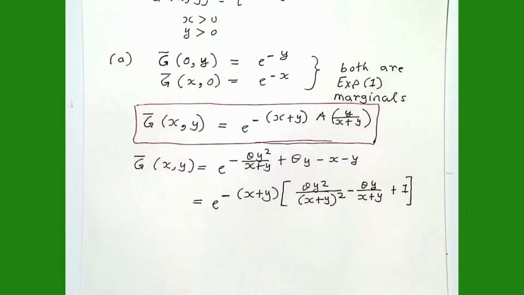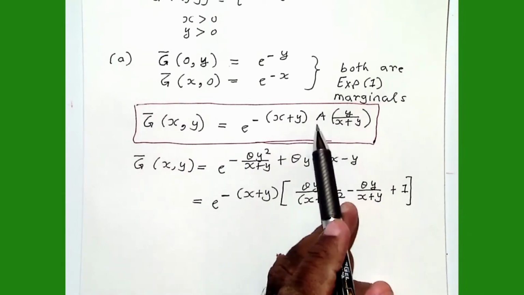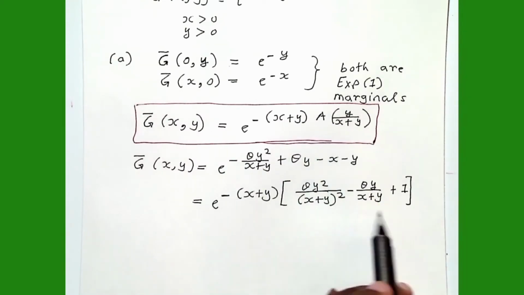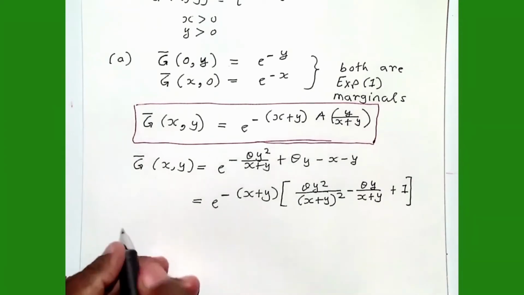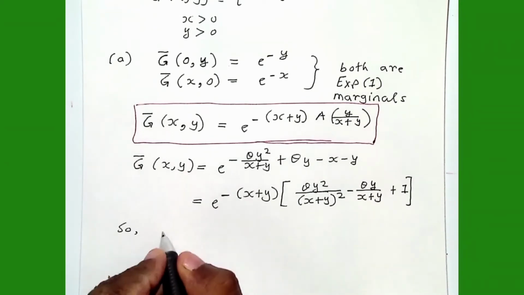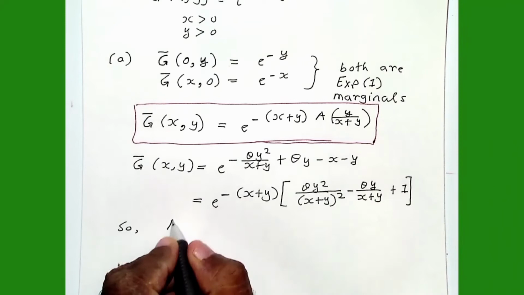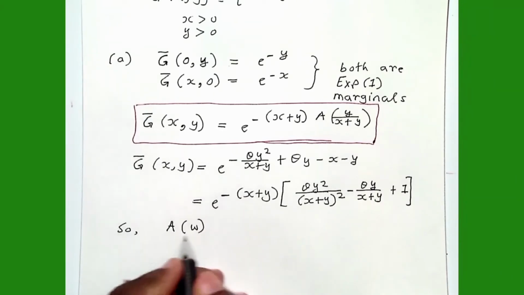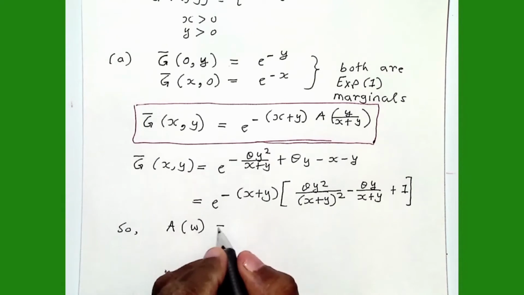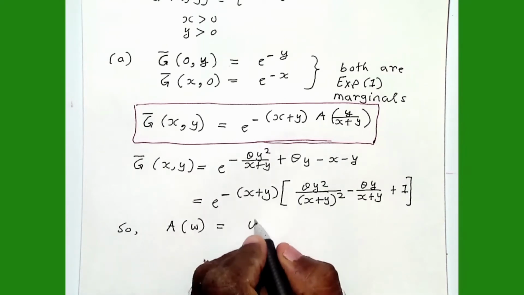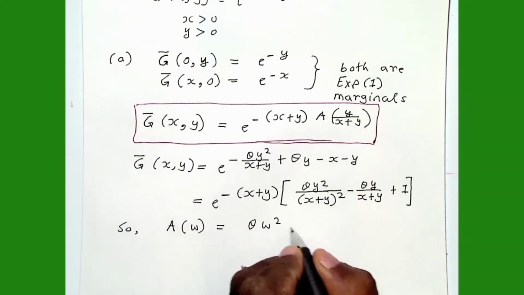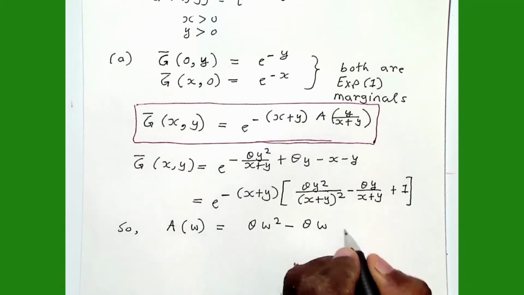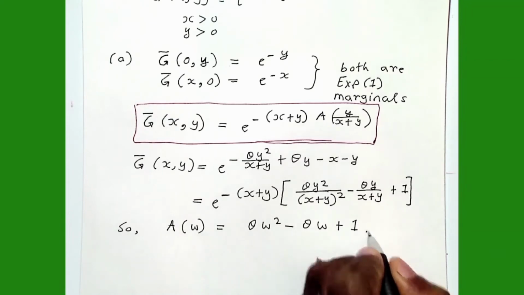So your function A of this is basically this. This implies that the function A, let's say of W or omega, whichever way you want to call it, must be equal to theta W squared minus theta W plus 1.